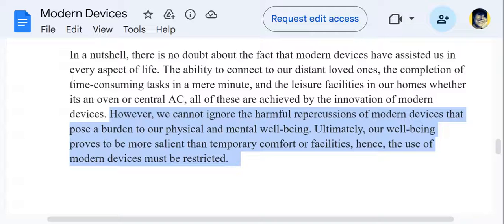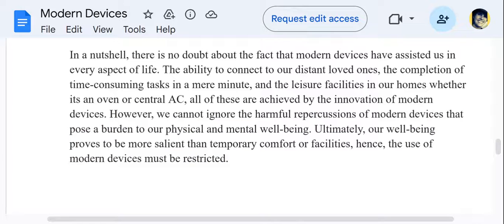of our modern devices. The only issue that I have about this ending is that when they said, hence, the use of modern devices must be restricted, in this case, I'm not sure if that really ties into what was said in the introduction.